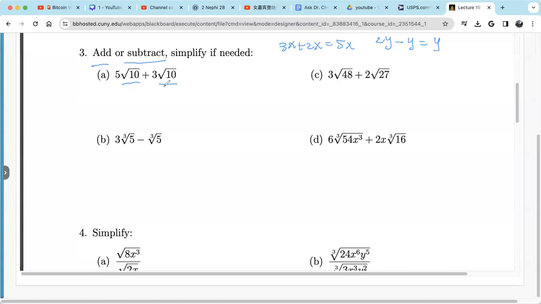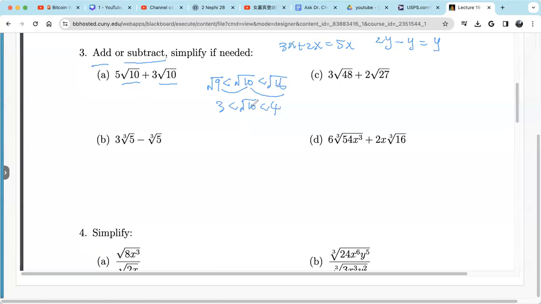So square root 10 is irrational. Let's understand square root 10. It's in between square root of 9 and square root of 16, which means it's bigger than 3 but less than 4. And it's closer to 3 because from 9 to 10 inside the radicand it's only 1 apart, but from 10 to 16 it's 6 apart.